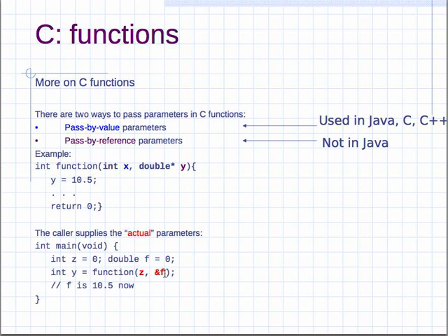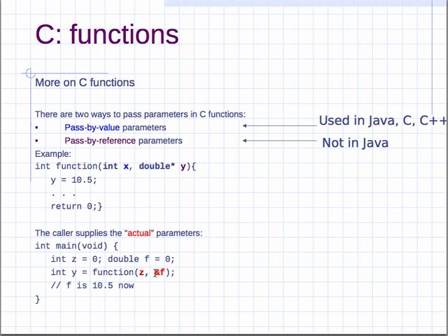So this is a big difference. Technically speaking, this is actually still pass by value, because what you're doing is you're passing in a pointer, you're passing in the value of a pointer, and you're taking the value of the pointer, and then internally in this function you're changing the thing that the pointer points to. So technically speaking, this is actually pass by value, but a lot of people refer to this as pass by reference, even though it's not.